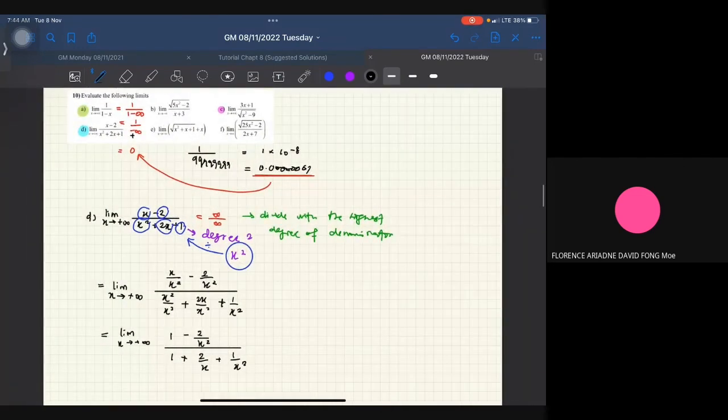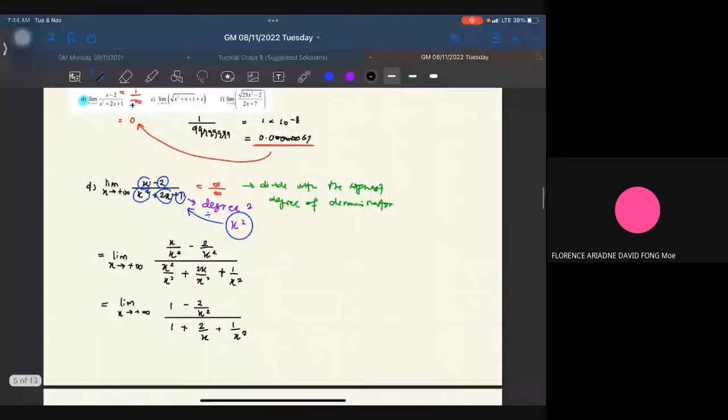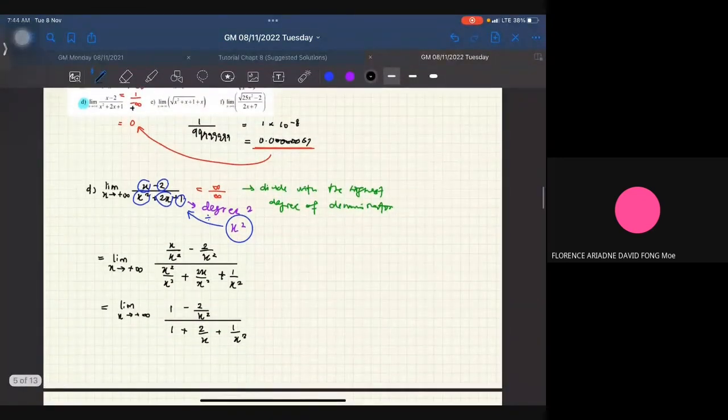Okay, settle dekat sini. Apa lagi yang kita nak buat daripada sini adalah kita terus substitute nilai x kita sekarang. Bila substitute that value of x is positive infinity, masukkan. So yang ini akan kekal jadi 1. And then awak ada 2, 2 bahagi dengan nombor yang sangat besar, awak akan dapat 0. So terus tulis kosong sahaja.